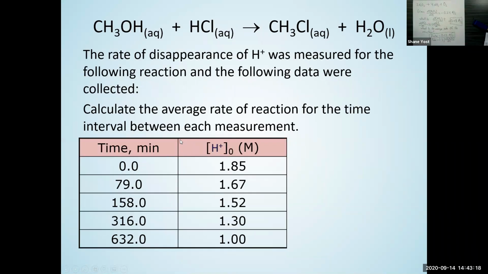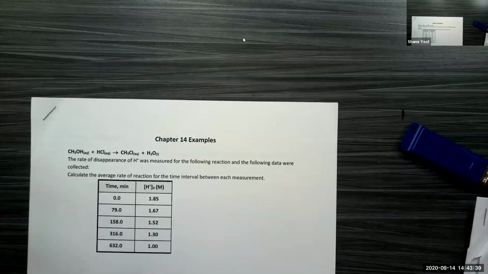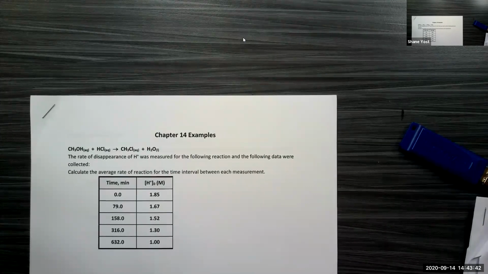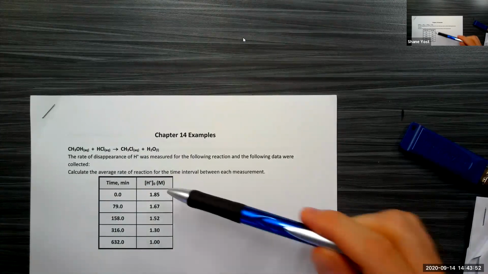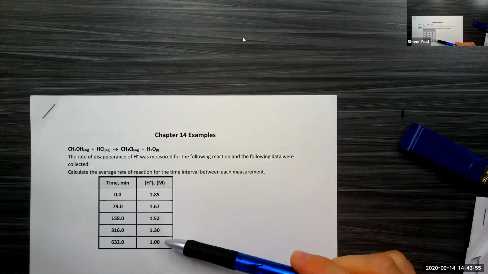All right. So we'll do an example here. Chapter 14 examples. This is maybe something you would do in lab. I have this chemical reaction, and I measure the rate of disappearance of H2 by measuring, at different times, the concentration of H2.